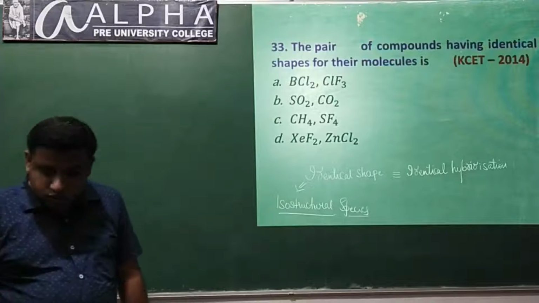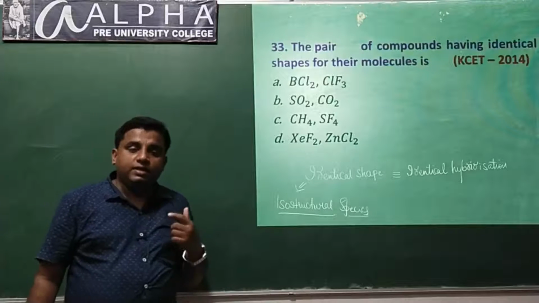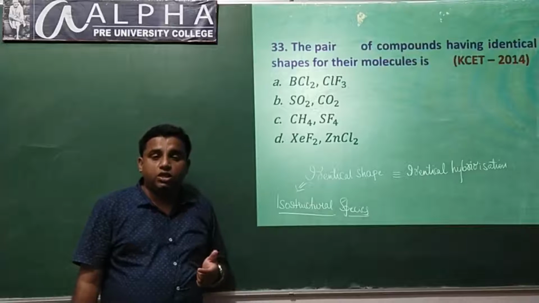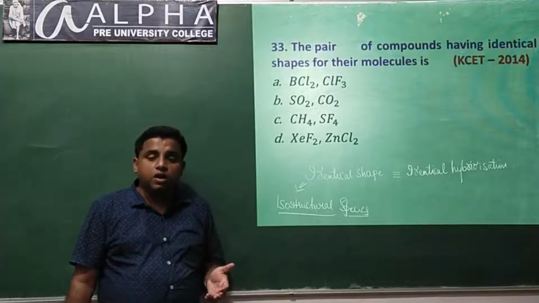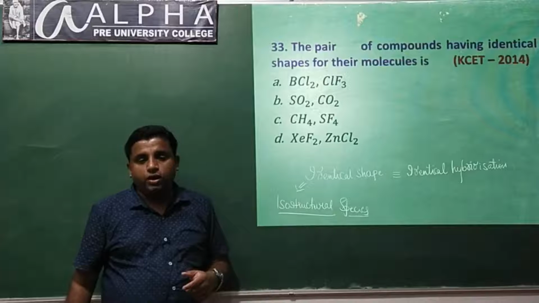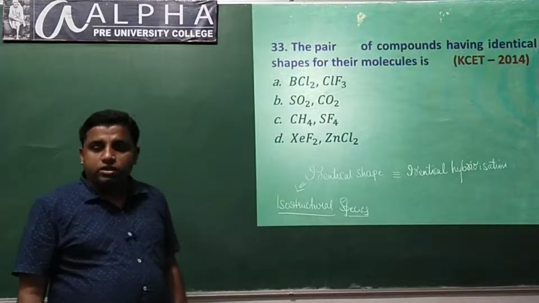For individual molecules, let us calculate the hybridization. If the hybridization is the same, then they'll have identical shape. If they have identical shape, they're said to be isostructural. So I'm going to consider the first option.